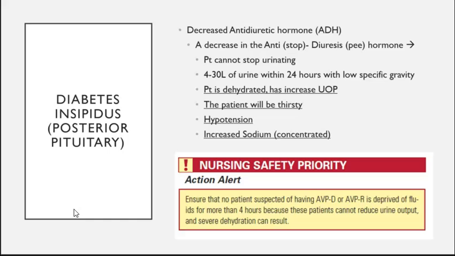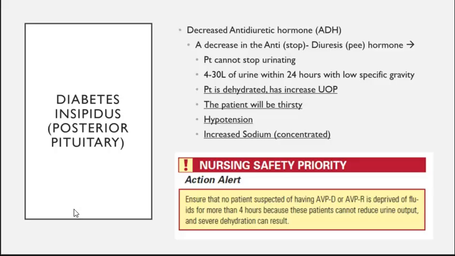I walked into the room and I knew she was NPO status, and we had actually shut off the water to her sink because she had diabetes insipidus from a psychiatric medication. So we had to turn all the water off, but we did not turn the water off on the toilet. So I walk in and this poor woman is drinking out of the toilet. That is how thirsty they are.